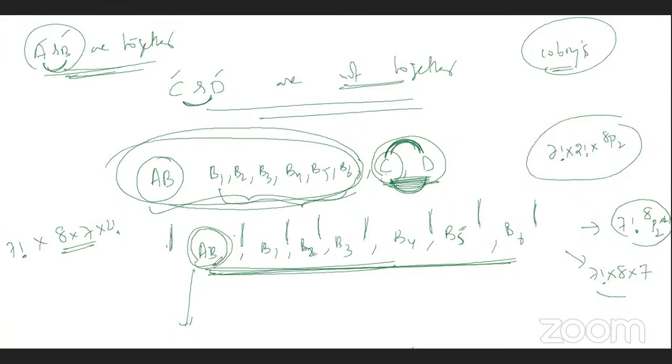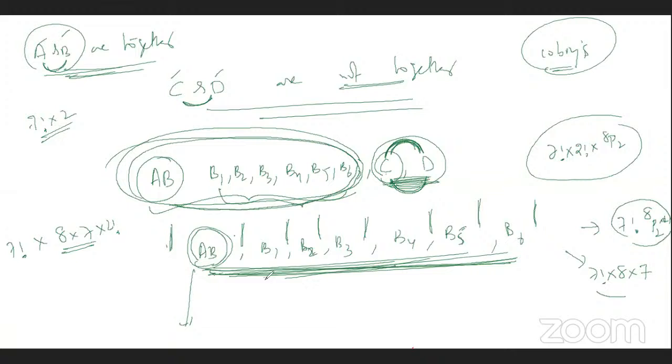Observe very carefully here why I am writing 7 factorial into 2. In how many ways can we arrange these 7? 7 factorial into 2. So can I say this is one of the arrangements in 7 factorial into 2?